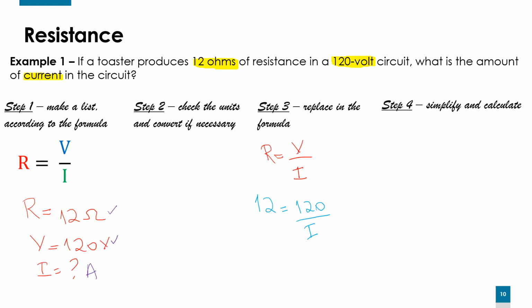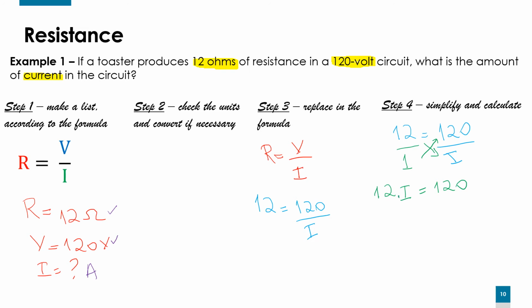Last step, simplify and calculate. So I have here 12 equals 120 over I. I'm going to do cross multiplication, putting 1 here. So 12 times I is 12I, equals 1 times 120, so 120.